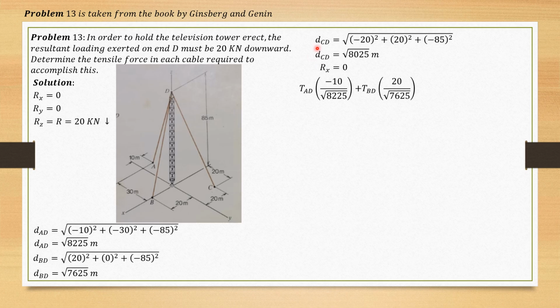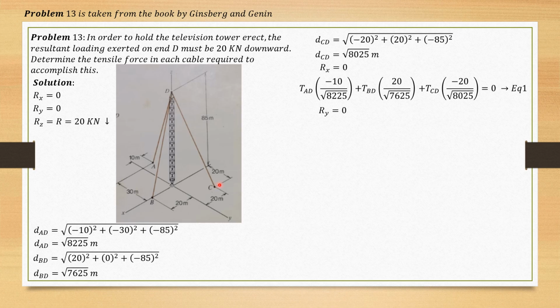Then plus tension CD times negative 20 over square root of 8,025. Remember, the X component is the magnitude of the force times the X component of distance divided by distance. Since the resultant is directed towards the negative Z direction, along X it is 0. Call that equation 1.